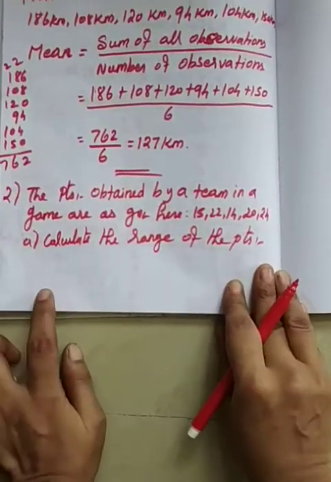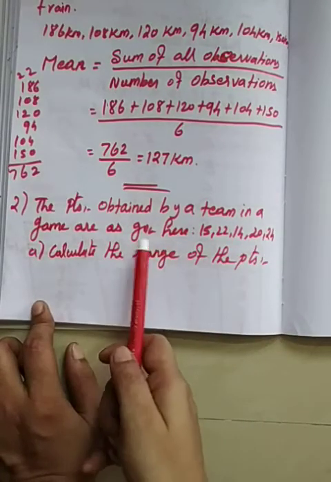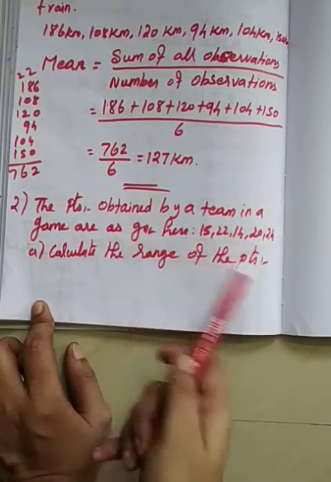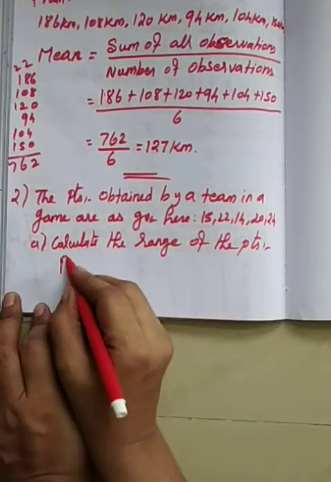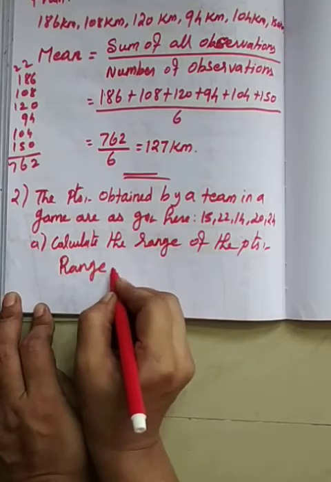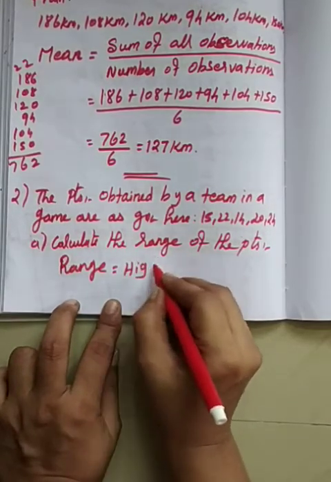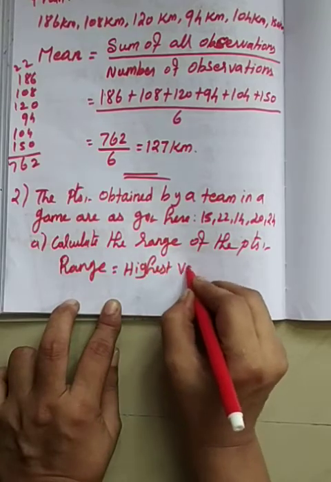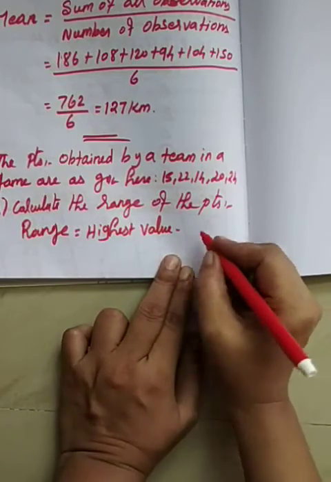Okay, see here, the points obtained by the team in a game are as given here. The numbers were given. Now we have to find the range. Okay, write the formula first. What is the range formula? Highest value minus lowest value.